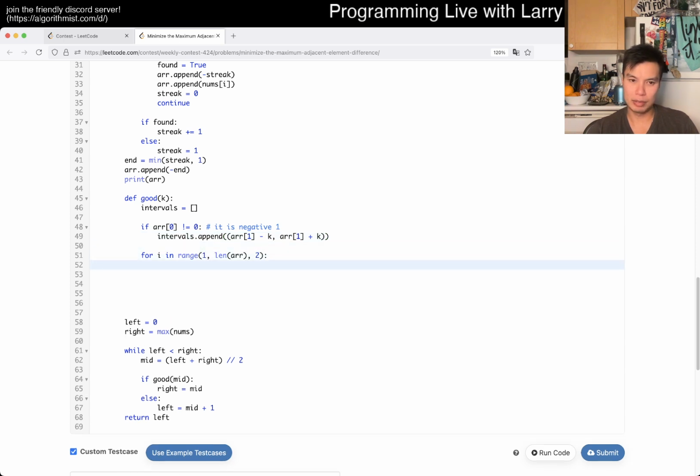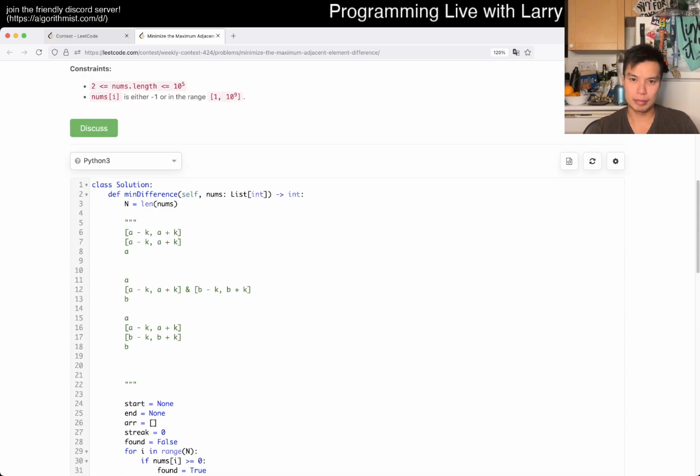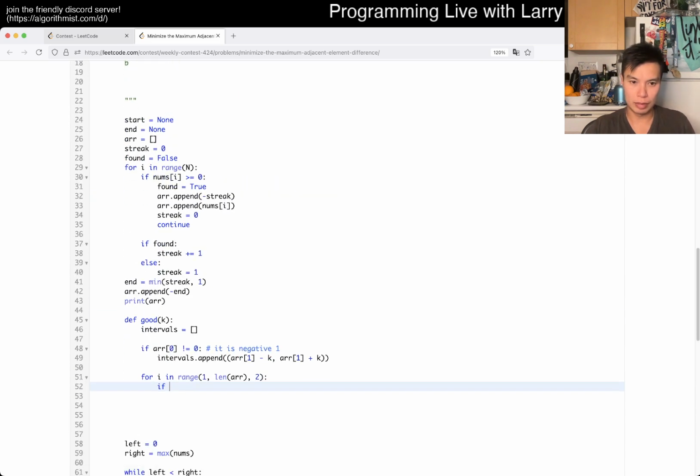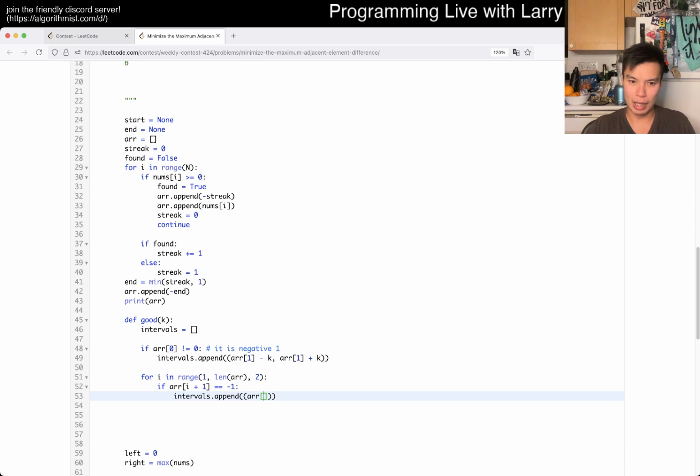So then now if array of I plus 1 is equal to -1, then we have only one number. So then you just append also I minus k, I plus k.